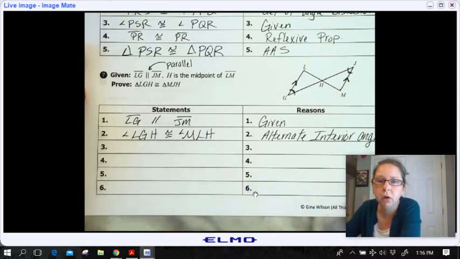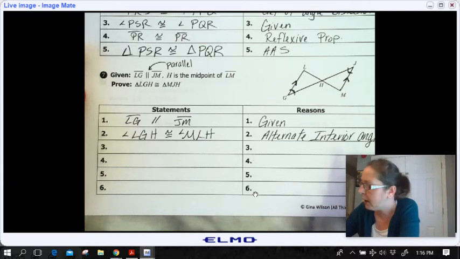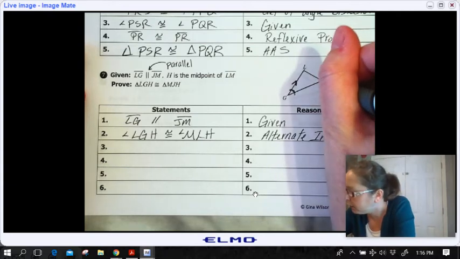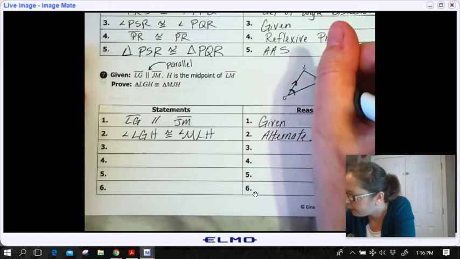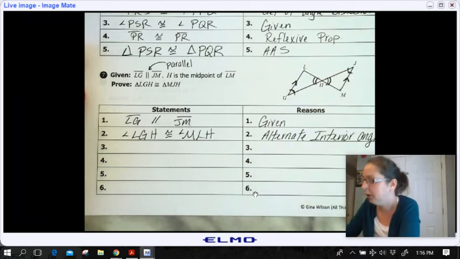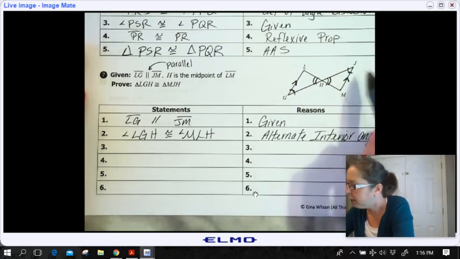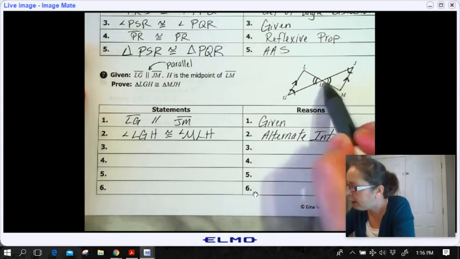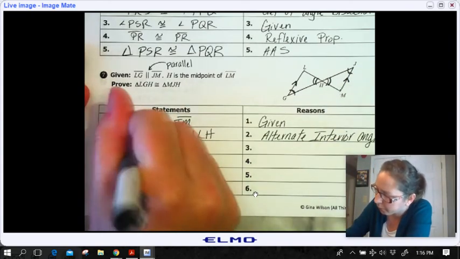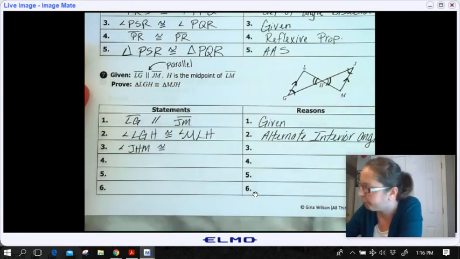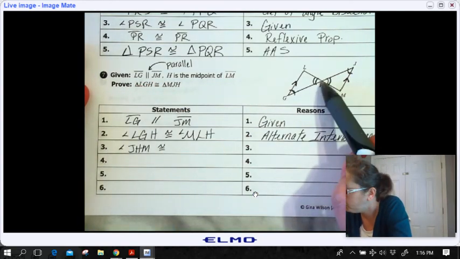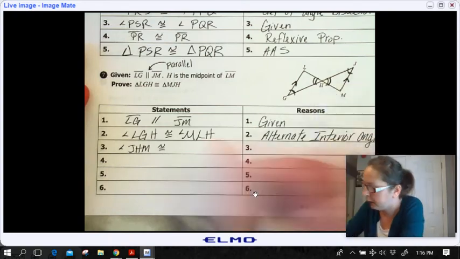Next, I can also say that this angle and this angle are congruent. So let's see, I have JHM. JHM is going to be congruent to GHL.